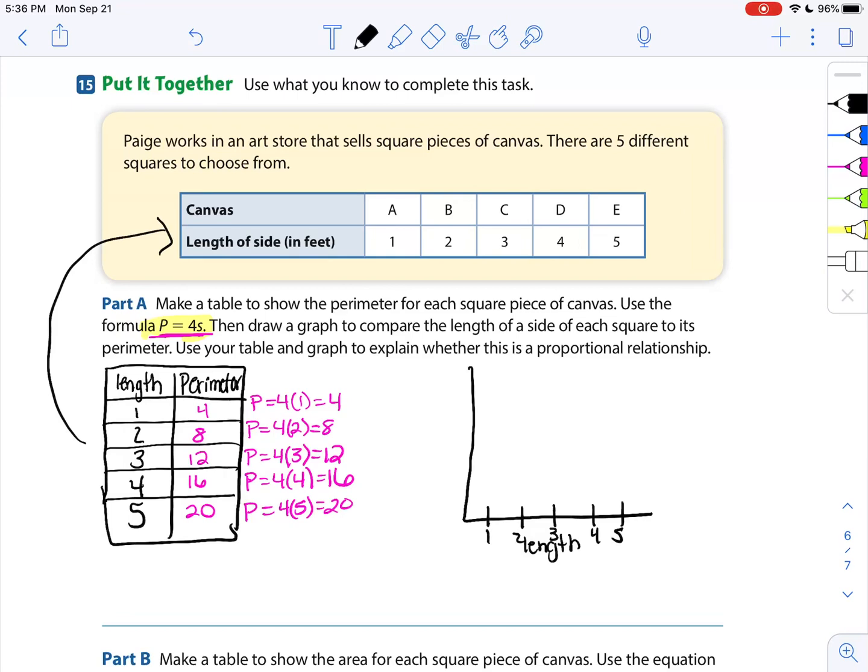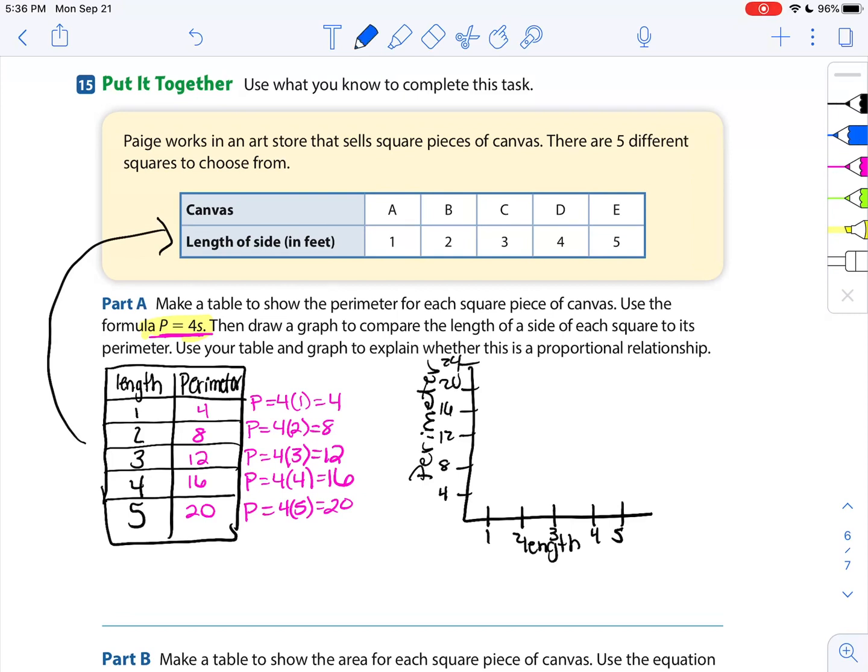And going up the Y axis is our perimeter. And because our perimeter goes from 4 to 20, I'm going to go up in increments of 4 so I don't have to have as many tick marks. So 4, 8, 12, 16, 20, 24.